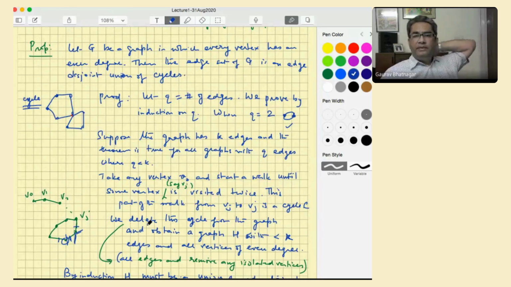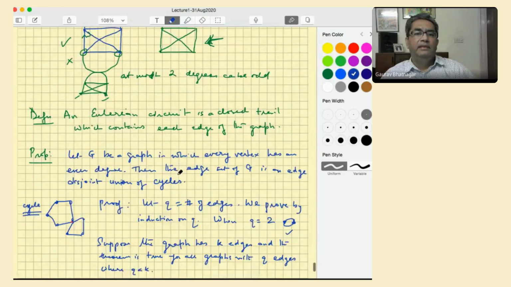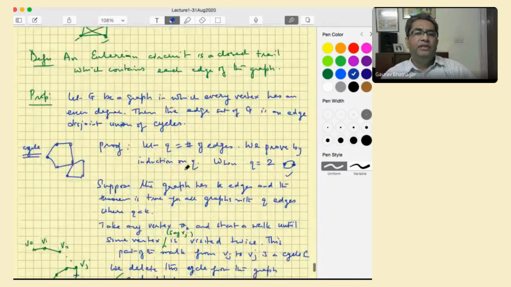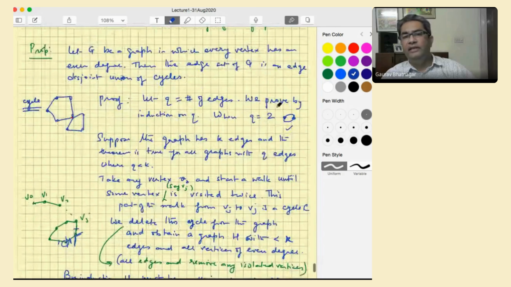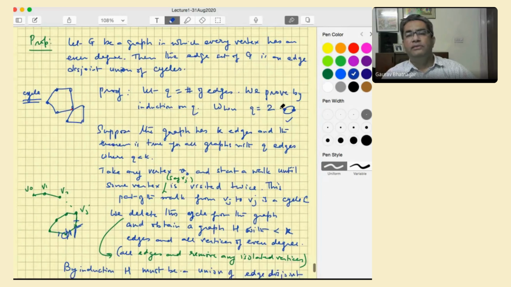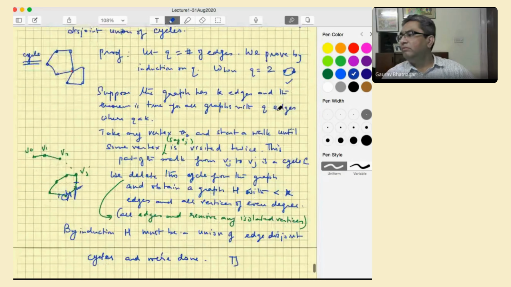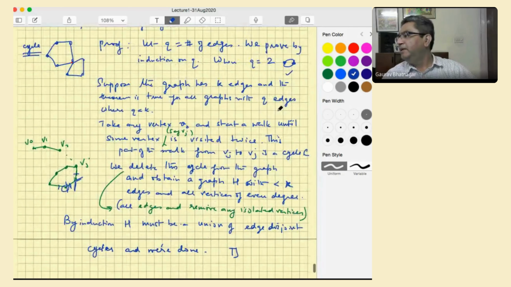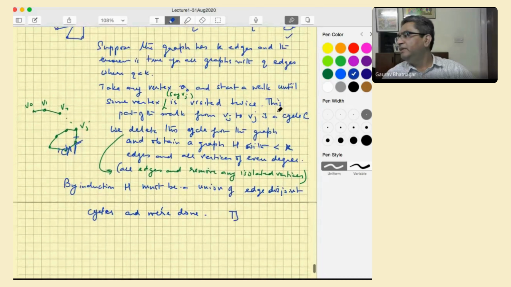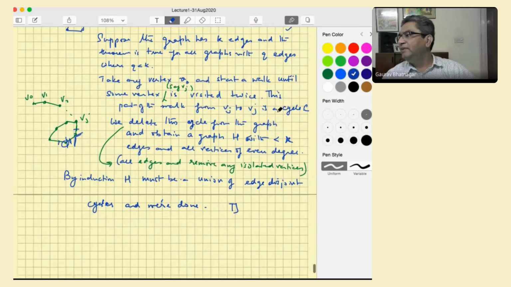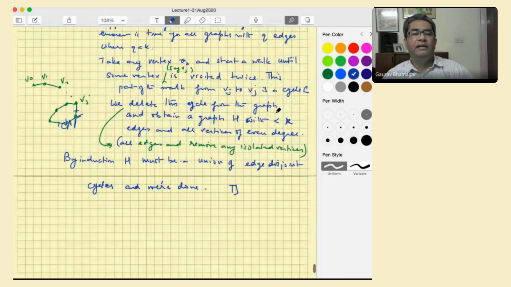Yeah, I mean, if there is no cycle and it's a tree, it can't have a cycle, right?